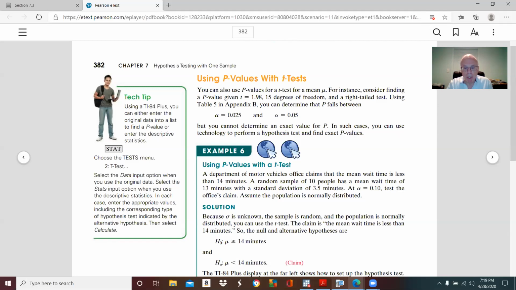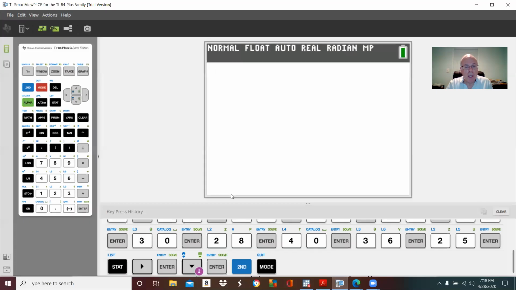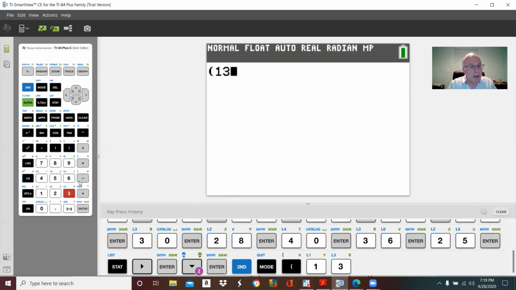So what we're going to do is go to our calculator, and I'm going to open up a set of parentheses. I'm going to calculate the test statistic, the T statistic. So X bar minus mu is going to be 13 minus 14.